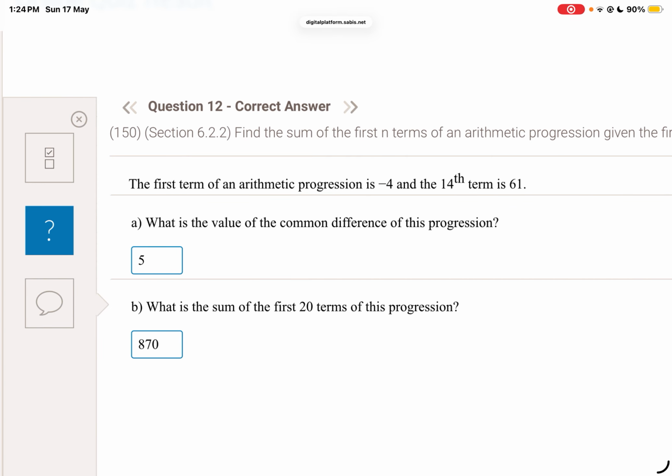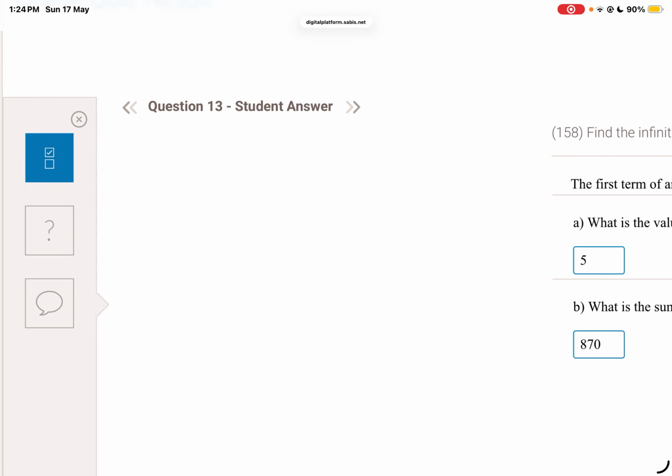And here the same thing, you find the value of d, and then you find, so the first term is minus 4 and the 14th term is 61. So you do 61 is equal to minus 4 plus (14 minus 1) times d, and then you solve for d, and then you do the sum of the first 20 terms.